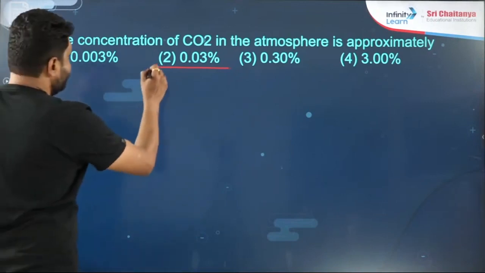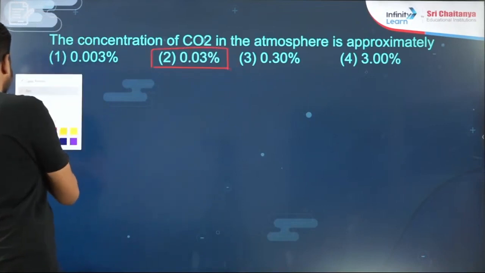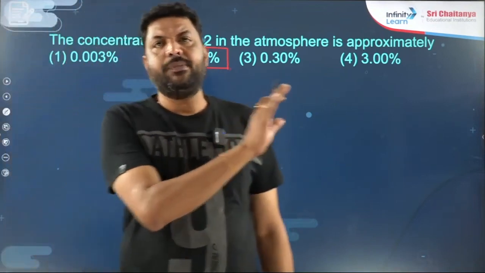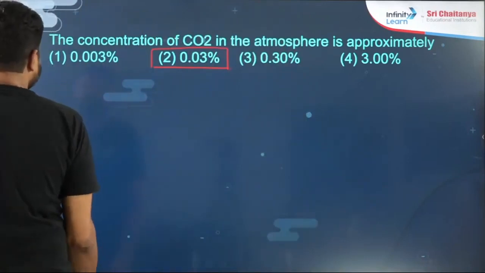It is a very interesting and very important question for competitive exams, and it is being asked in many examinations. Was it clear? I am going from simple questions to complex questions. Let us see the next question.